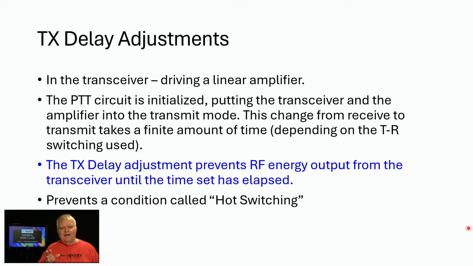That delay prevents any arcing on the relay contacts, because if there's arcing, also known as hot switching, you'll get carbonization of the contacts on the relays, and all of a sudden you won't be able to hear anything anymore, and you'll get very low output power as well. So it's a transmit delay adjustment. It prevents RF energy from the transceiver until a time that you've set has elapsed. It might be 10 milliseconds or whatever that number is, to prevent hot switching.